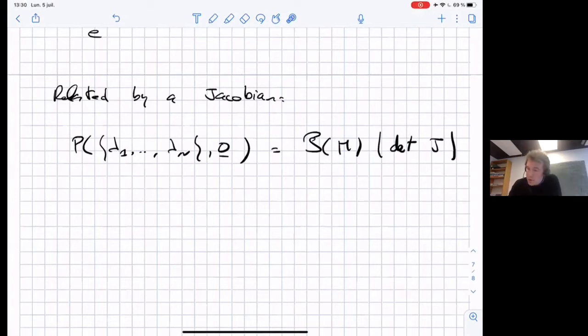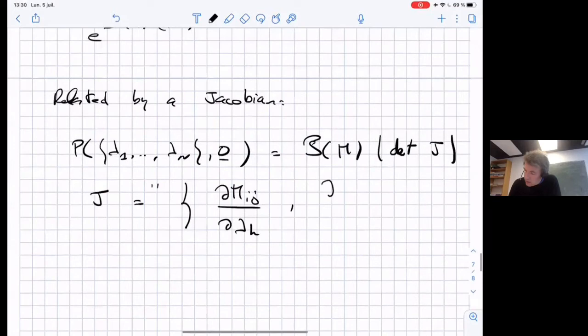I will not write it explicitly, but it is of that form: the partial derivatives of dM_ij over d lambda k, and dM_ij over dO_kl.